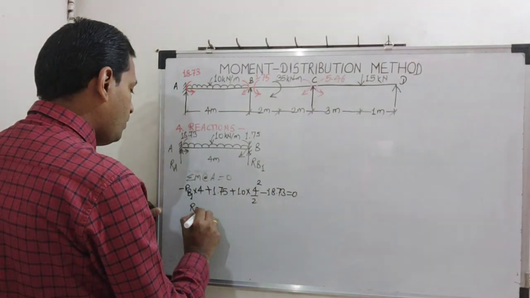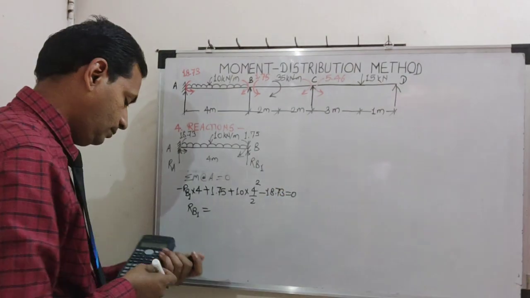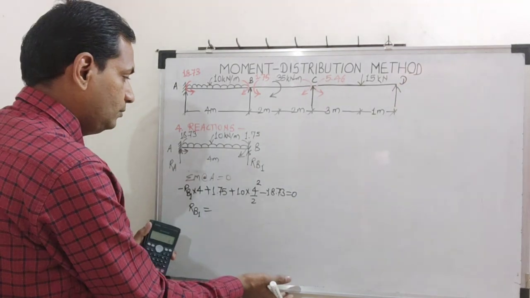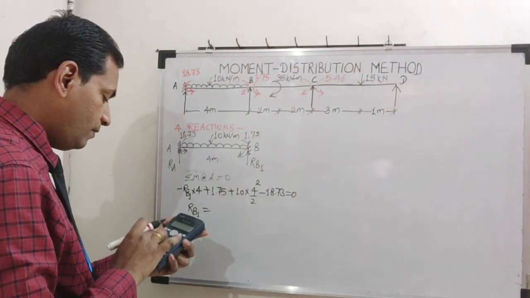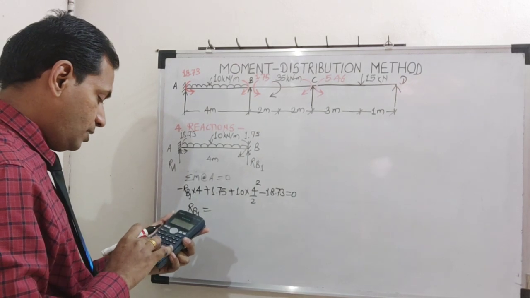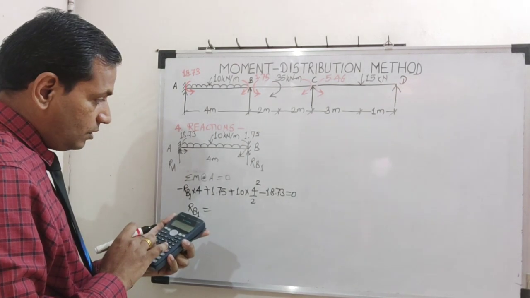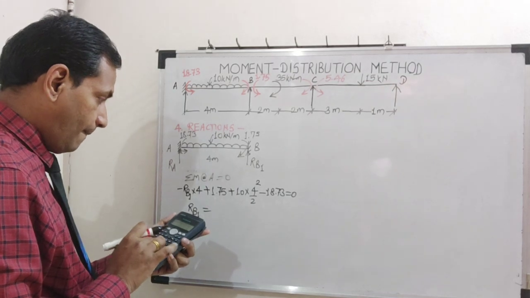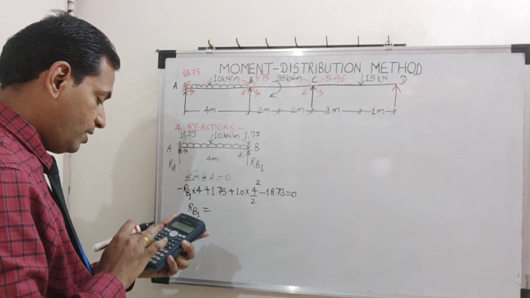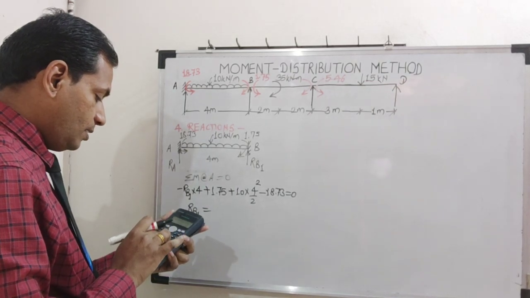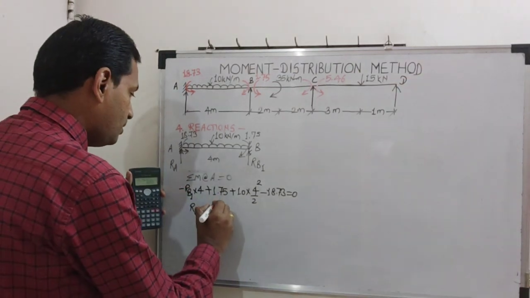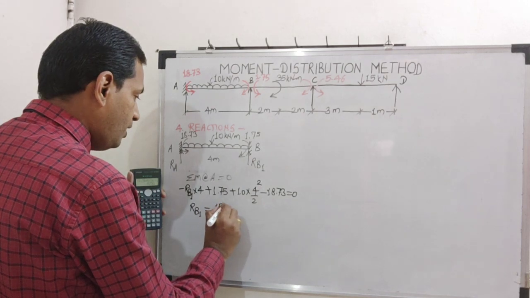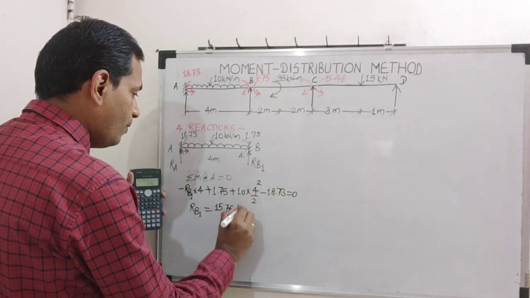So calculate RB1 quickly: 1.75 plus 10 into 4 square by 2 minus 18.73, divided by 4. So the answer is 15.76. RB1 is 15.76 kilonewton.